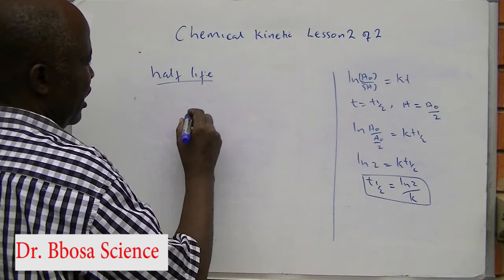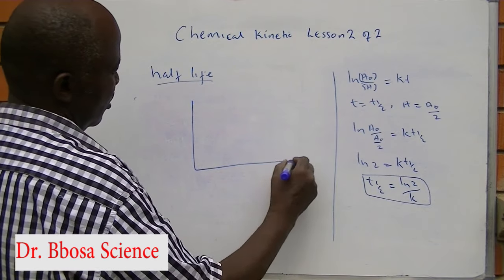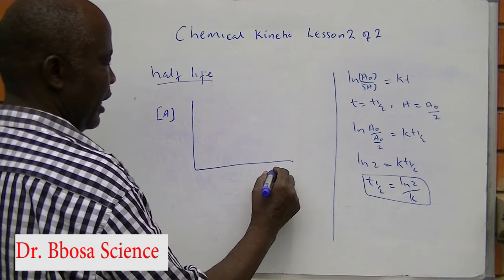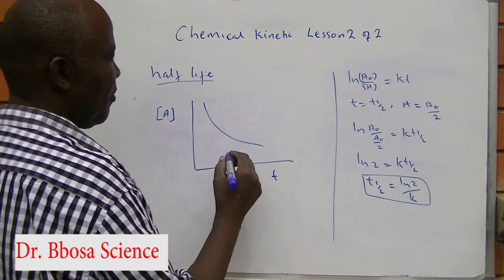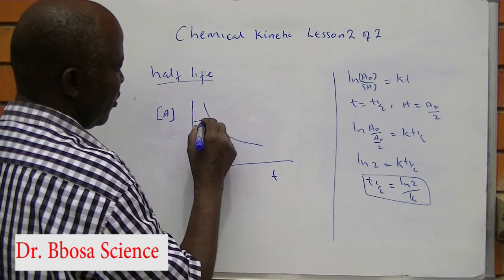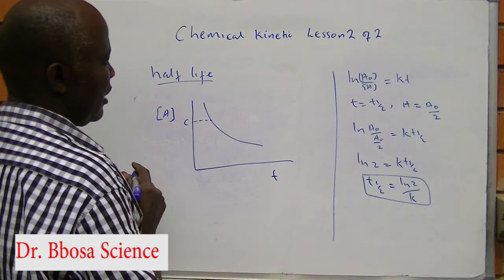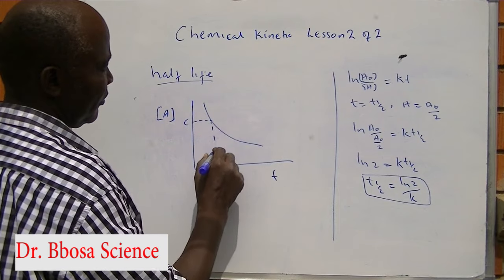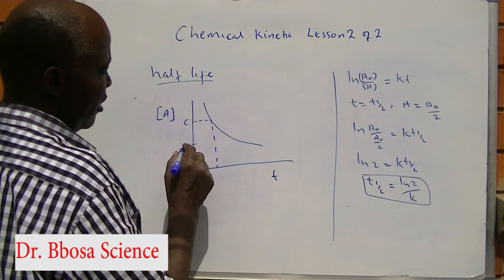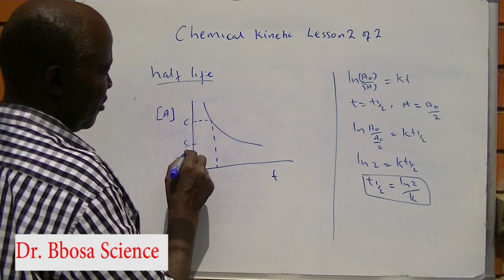So when you plot a graph of concentration of A against t, we said you get a hyperbola. We can get the half-life from this graph by finding a time for a concentration C, and then we find the time taken for C to reduce to a half.